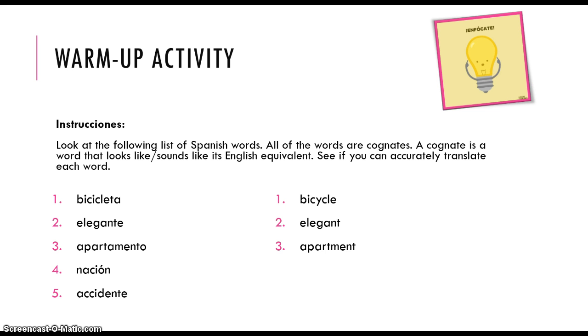And that, of course, means apartment. The next one, nación. Now pause again for you. Nación means nation. As you can see on that one, there's only one letter difference between the English and the Spanish.